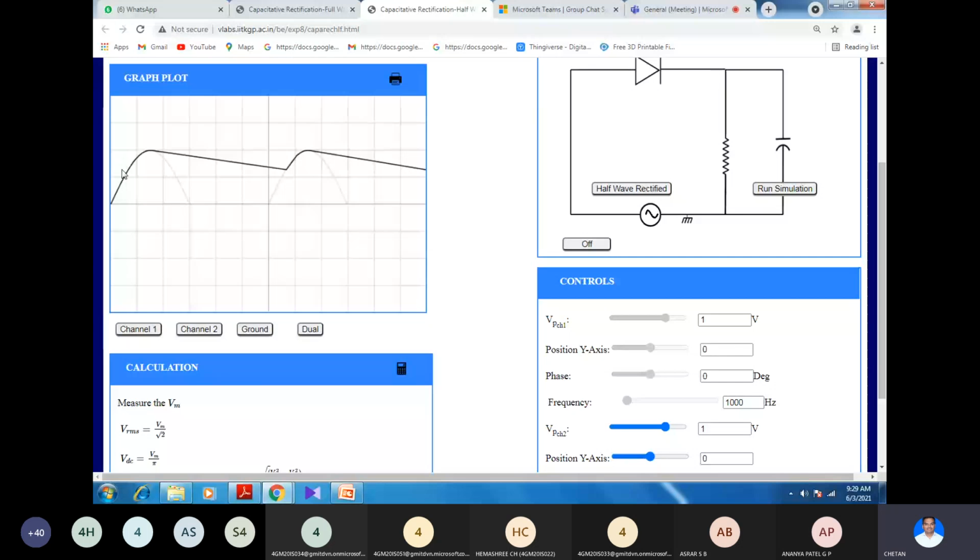So initially during the first half cycle, what would happen is the capacitor will charge to the peak, right? After charging to the peak, the voltage across this capacitor would be equal to the voltage of this input source. Therefore, this diode would be reverse biased, as both ends are connected to the same voltage. Diode would be reverse biased, and at this point, the capacitor would start discharging, right?